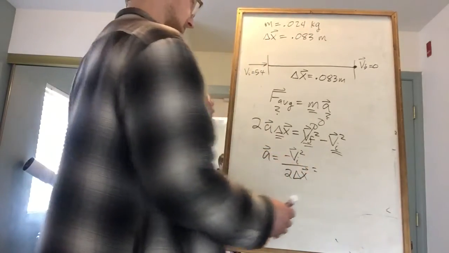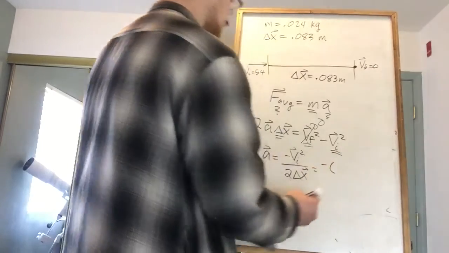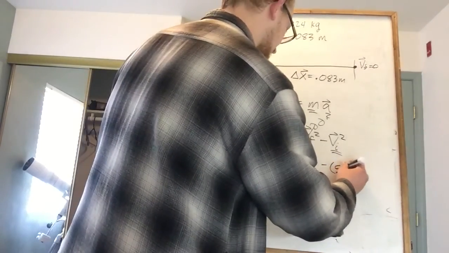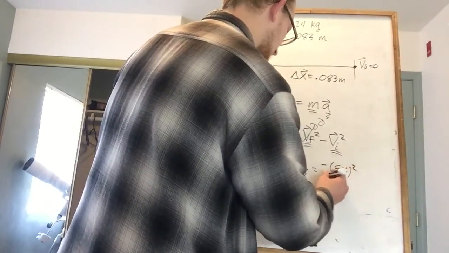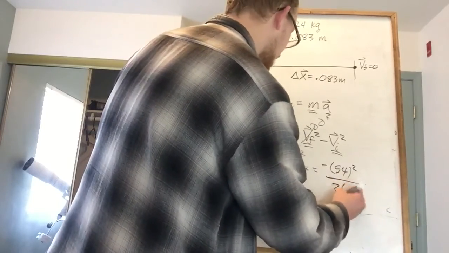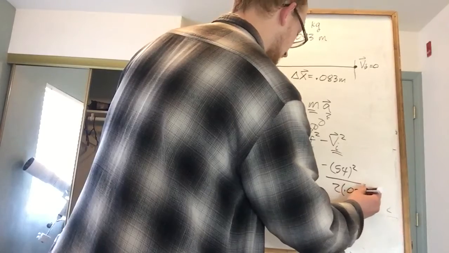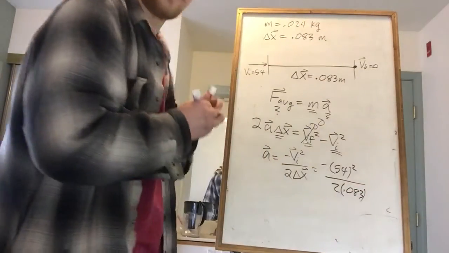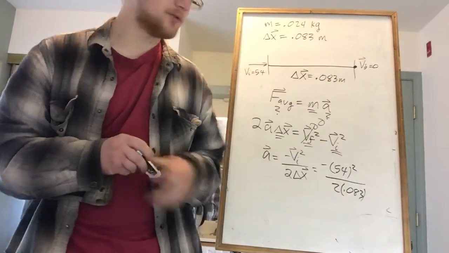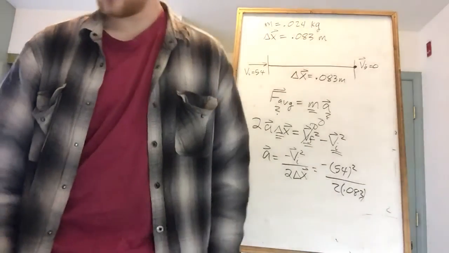And we know both of these numbers. So this is minus 54 squared, divided by 2 times the penetration depth, which is 0.083 meters. And now it's time to plug and chug.